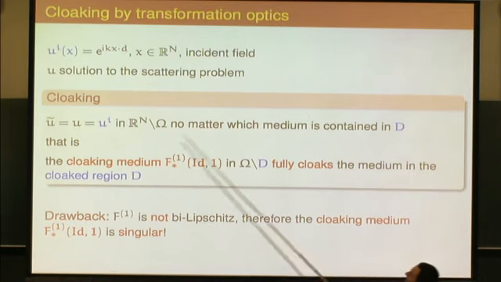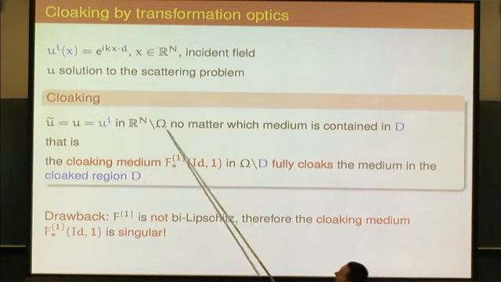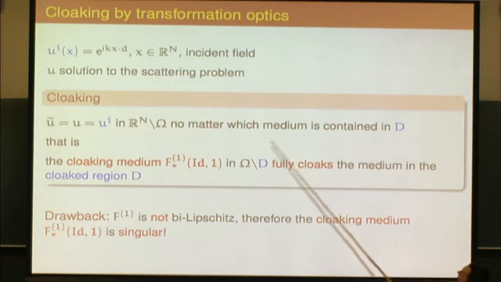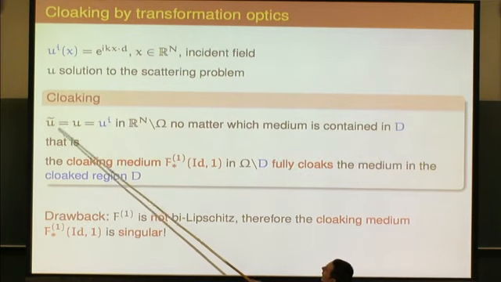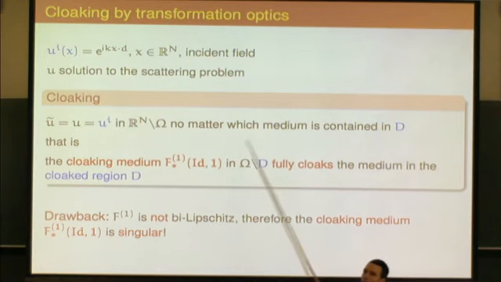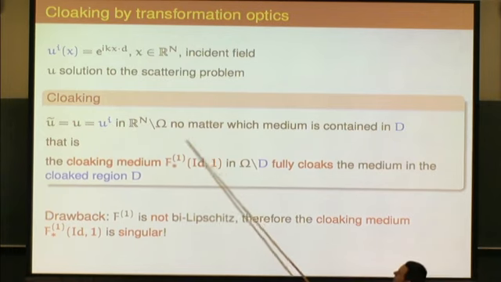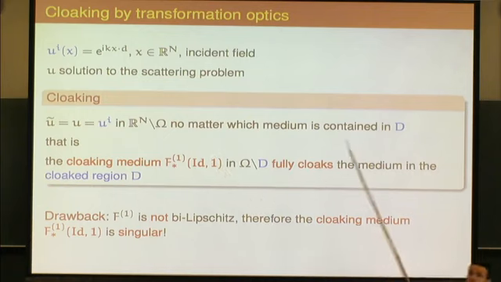But since u and u tilde are equal outside omega, because the transformation is the identity there, this means that you cannot really see anything from outside of what is inside omega minus D. And so this cloaking medium, which you put there, is a perfect cloak.